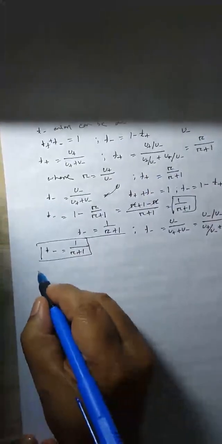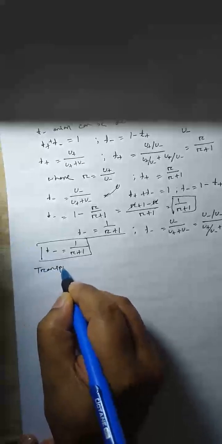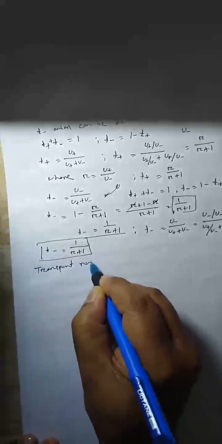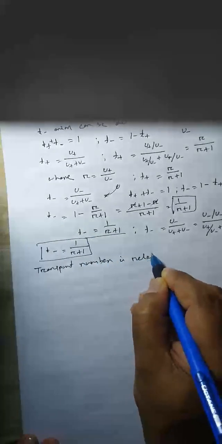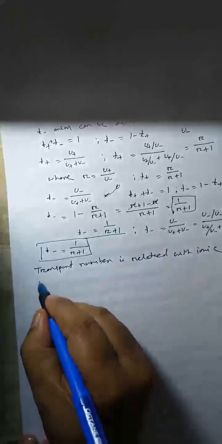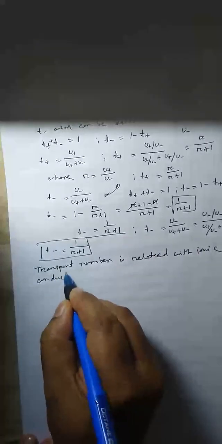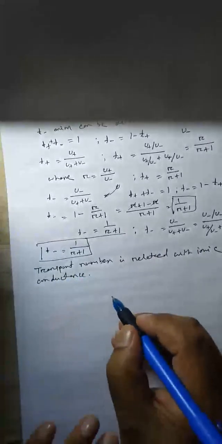We can also relate the transport number with the ionic conductance. How is the transport number related with ionic conductance? In this case, we take an electrolytic solution.